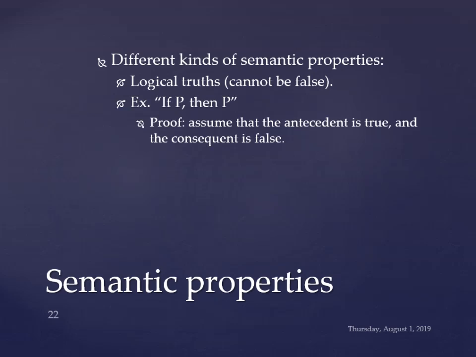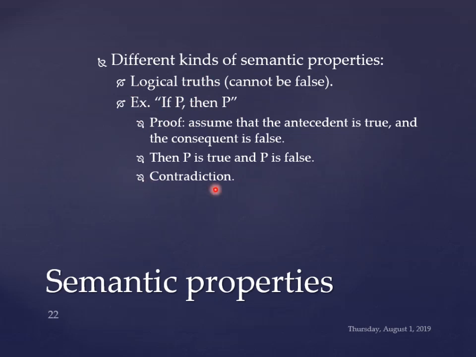If that's the case, then P is true and P is false, because this is true and this is false. That's what I need to assume in order for this to be false. However, this is absurd. This is a contradiction. P is true and P is false, so this cannot be the case. There's no way for me to make the antecedent true and the consequent false, and therefore it has to be true. It cannot be false.